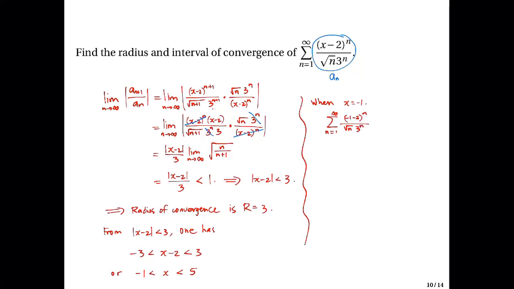And this will be simplified into the series negative 1 to the n over square root of n from 1 up to plus infinity. Now let me label this as star. Now, star is an alternating series.